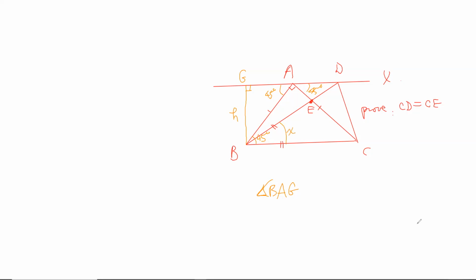Yeah. And then BDC would be 90 minus half of X. Right, yes. So, okay, it's 90 minus half of X. Very good. And then this is C.